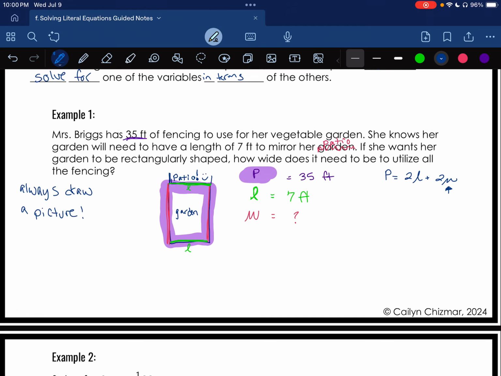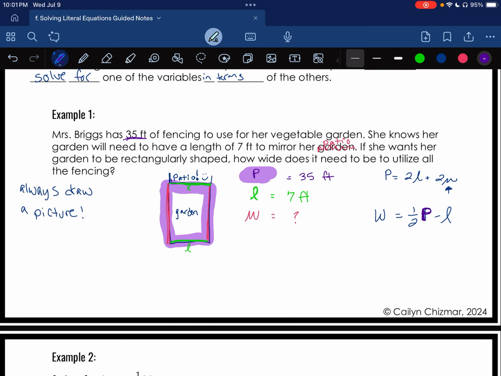If I do this quickly, I'm going to subtract this 2L from both sides, and then divide by this 2 to get W on its own. This is going to look like W is equal to 1/2 P. If you're wondering how I did that, don't worry, I'm going to show you on the next page. This is just getting through this example, showing you what this would look like. So what I can do is plug in what I do know. P here, the perimeter, is 35.